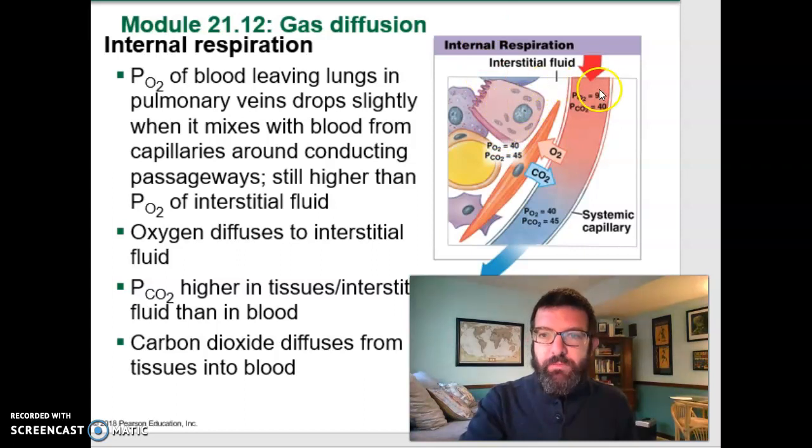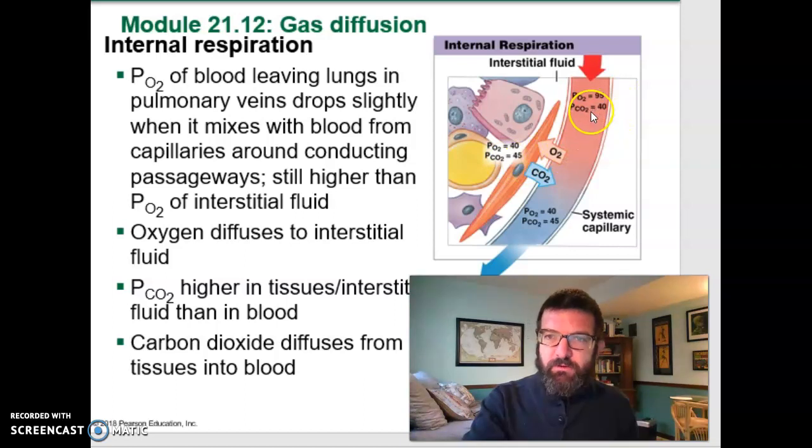So the diffusion gradient essentially is going to go from the capillaries into your interstitial fluid and then into your cells. Now you're constantly producing more CO2 at your tissues because it's a waste product of cellular respiration. So your partial pressure of CO2 is going to keep going up here. It's typically about 45, but again, it could be higher if you're not getting rid of it.